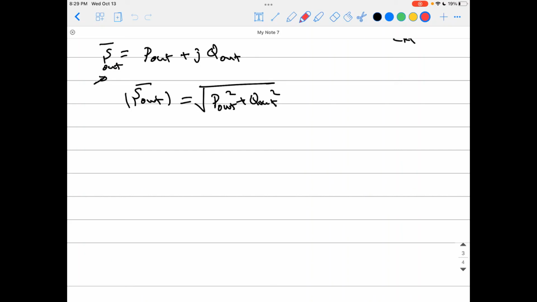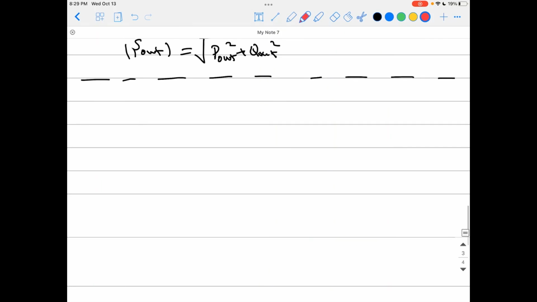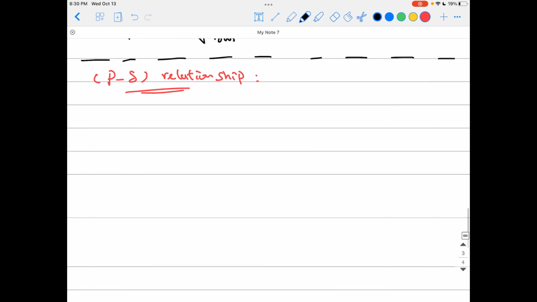Okay, guys? Speaking about the powers, we can now talk about something very important here, which you should have talked about in the power system courses, what we call the P delta relationship. Let's refer back to our single phase equivalent circuit.